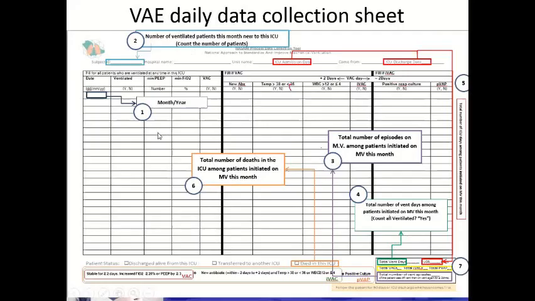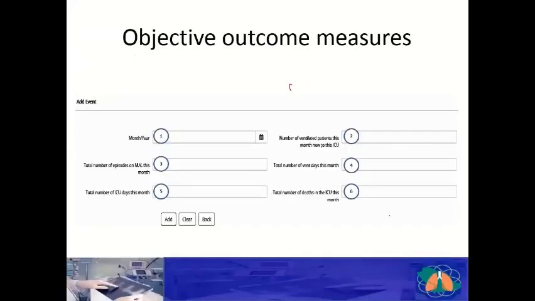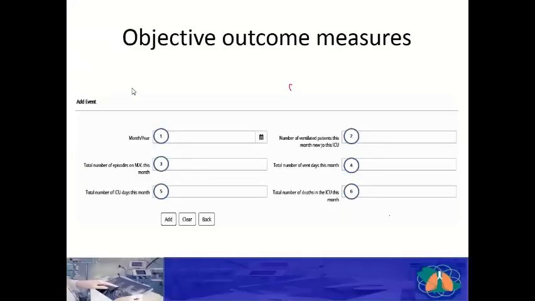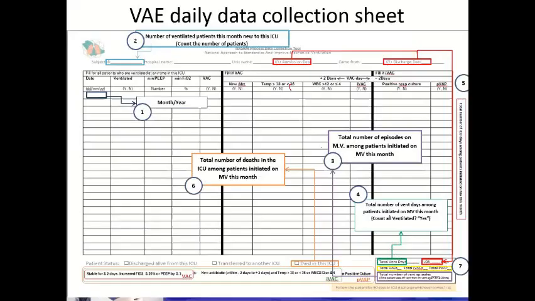So the month here, this is where we take the month, the first time the patient was ventilated. And for the number of ventilated patients, it will be the total number of MRNs, the total number of forms, if you take 1 form per 1 patient. And for the total number of episodes on mechanical ventilator, it will be taken from here.